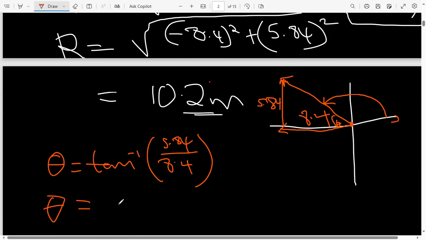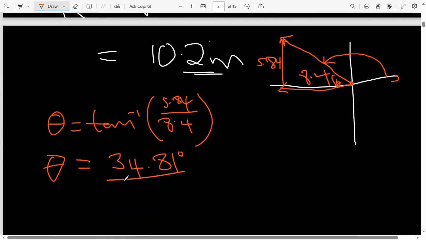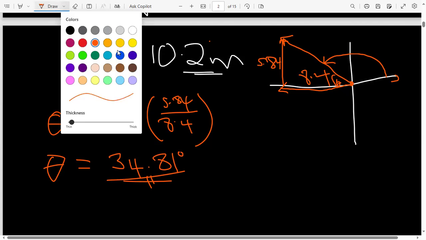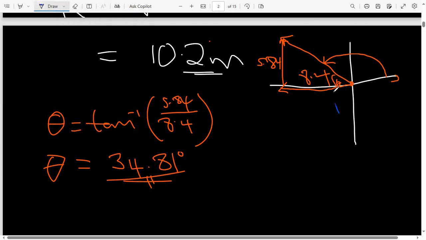Okay, let me punch this. It's giving me 34.8, rounded off to 2 decimal places, degrees. So it's giving me this as the angle. This angle here is the one that I was showing you. As we're interested in this angle here, what do we do to find it?